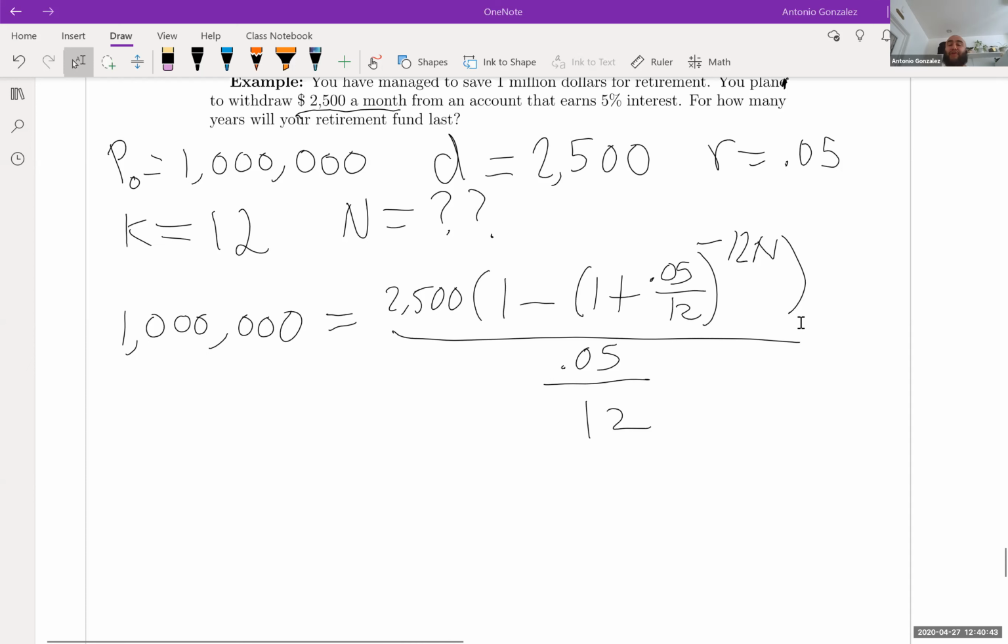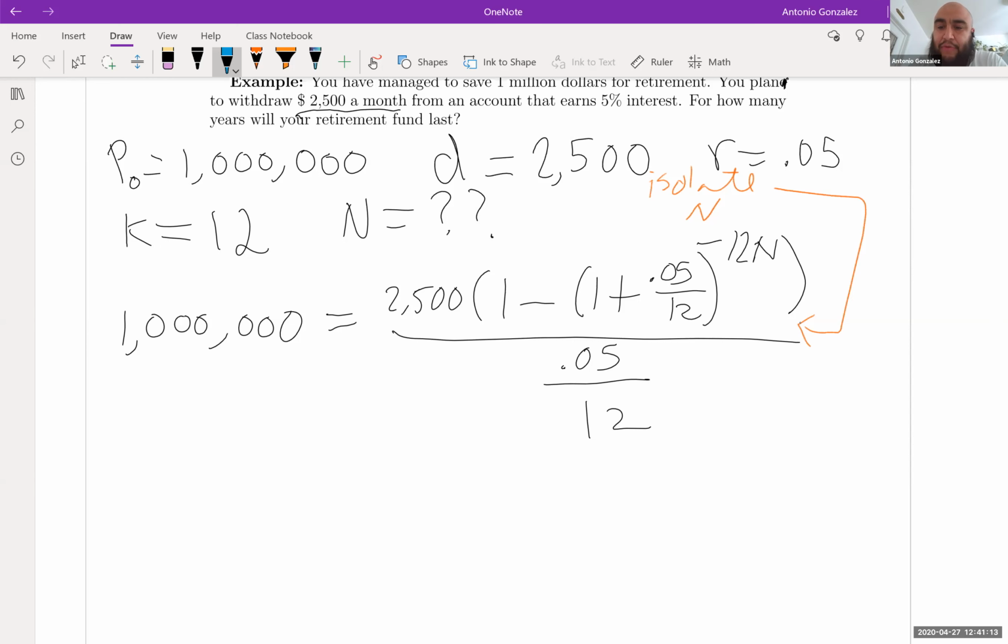Okay, so if we want to solve for N, we need to isolate the N, right? That is the same kind of process as solving any equation. It looks really complicated, so let's start uncomplicating these things.